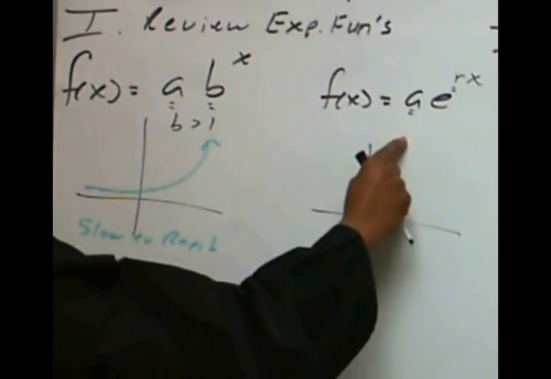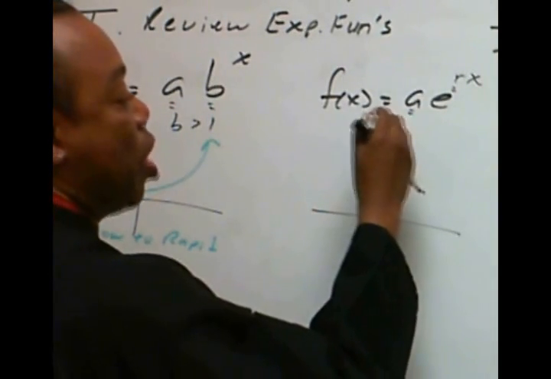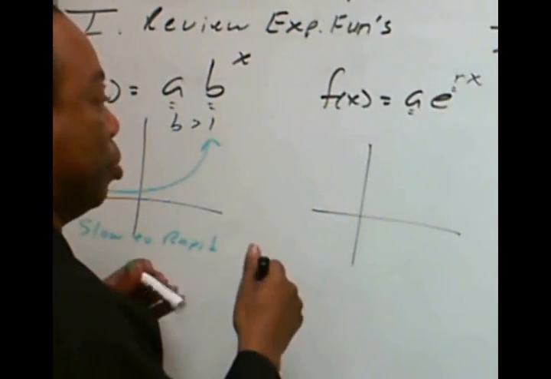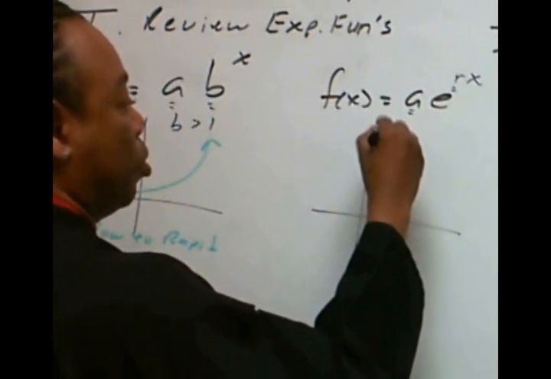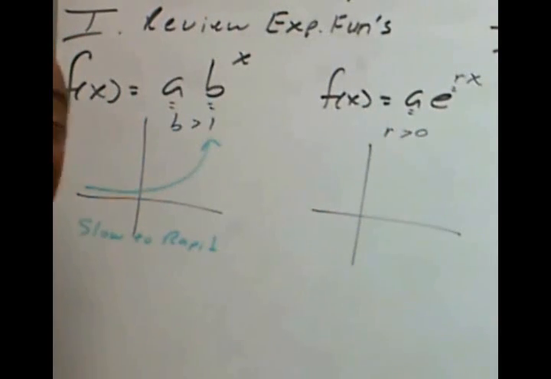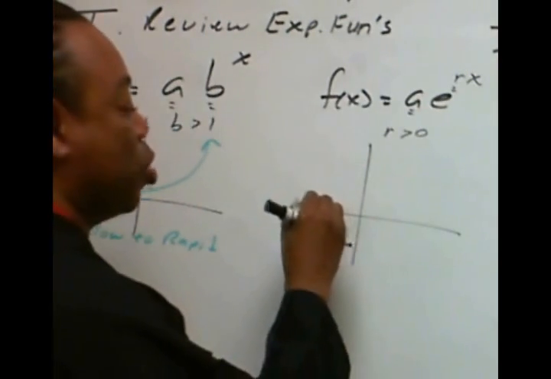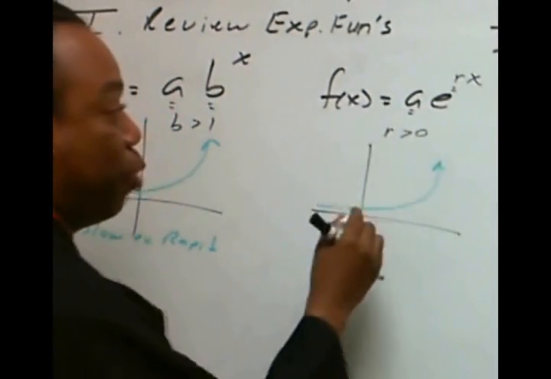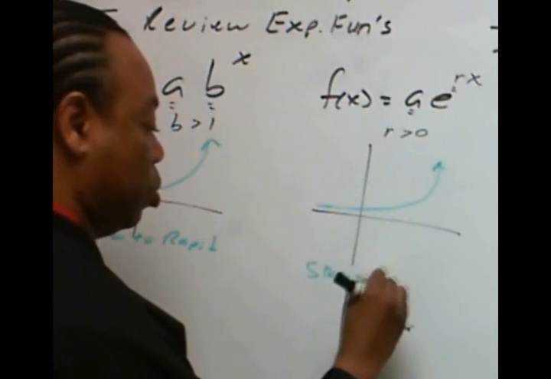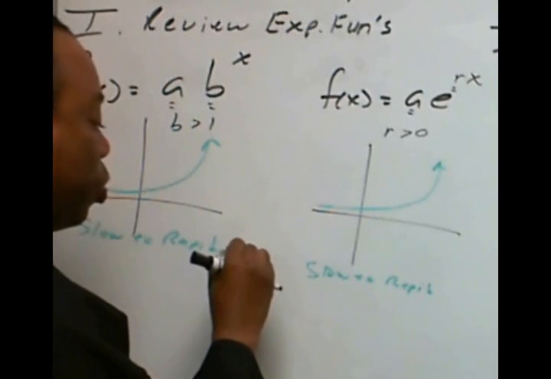To get this equation to be slow to rapid, you would need to make sure that the r that's being used here, the r is greater than 0. Okay, basically a positive number. And if r is a positive number, then you have slow to rapid growth for this version. Let's say growth.